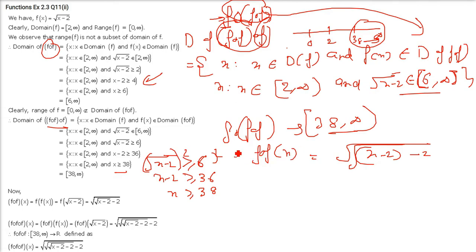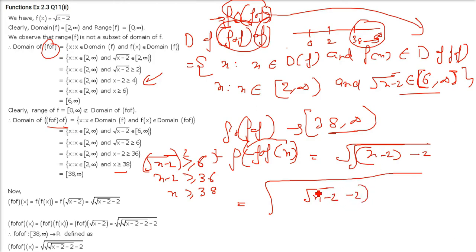So FOF of fx will be under root of under root x minus 2, and then minus 2, all under root.